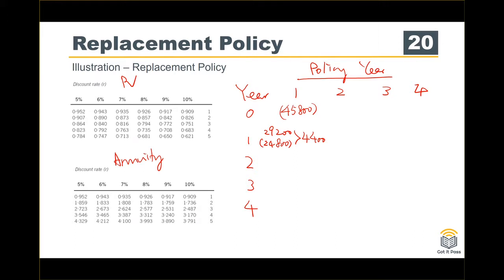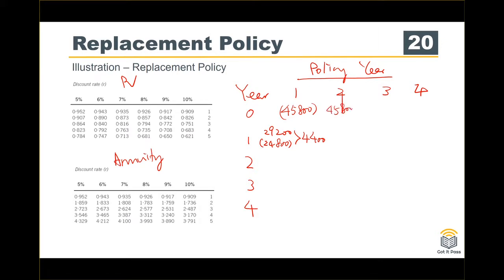The cash flow at the beginning, the initial time, and after the first year, you get 4,400. And you have to invest 45,800 again.